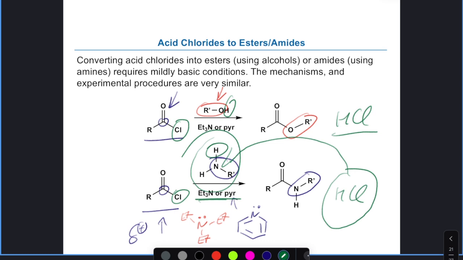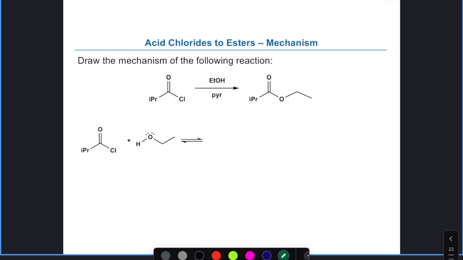So how this mechanism looks is, again, similar to what we've talked about for our nucleophilic substitution under a strong base kind of system. It's a very simple sort of addition. In the end, we're going to do a nucleophilic addition into my carbonyl. In this case, I would have my isopropyl, O minus, and Cl.